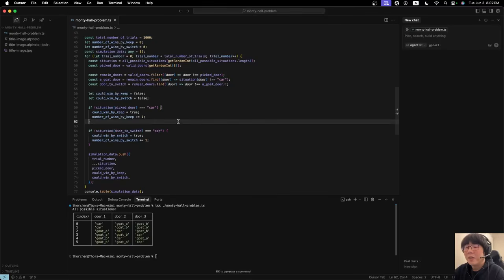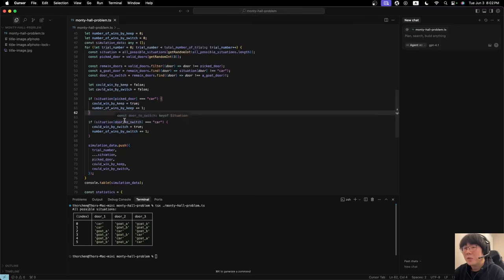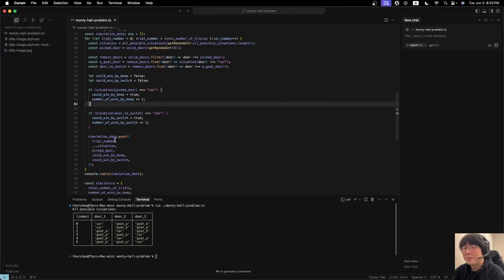Then from here we can detect if our picked door has a car behind it, then we say we could win by keeping, and add +1 to the number of wins by keep. And if the door that we can switch to has a car behind it, then we say we could win by switching, and add +1 to the number of wins by switch.